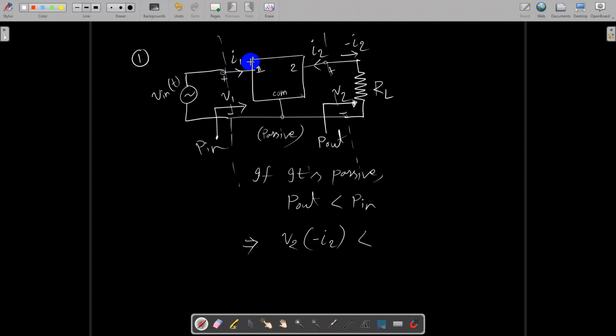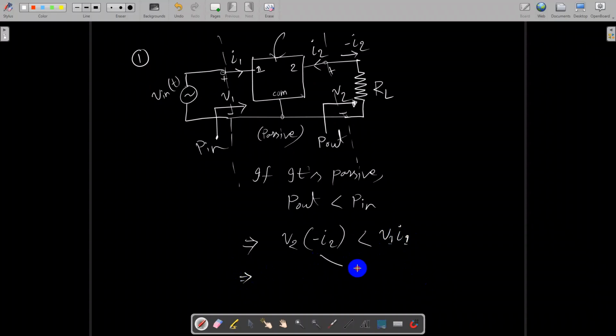Extracted by whom? By this system. Extracted from that source by this thing. So this arrow is right. Okay, I1 times V1. Okay, nice. V1 times I1.